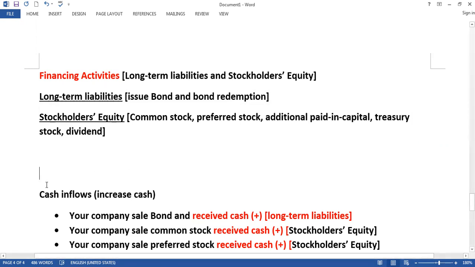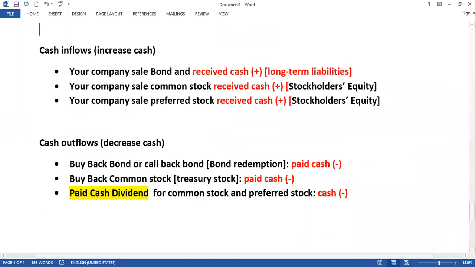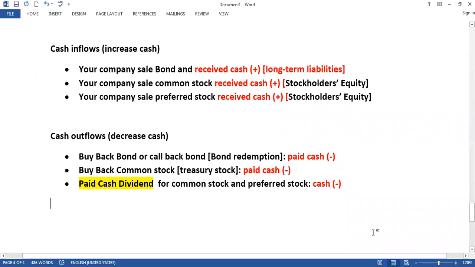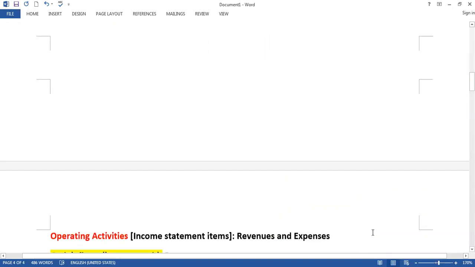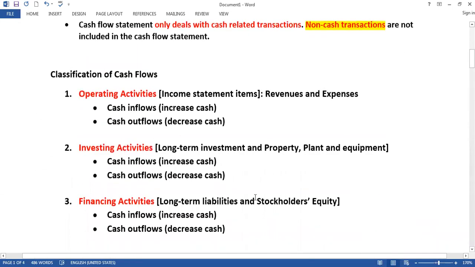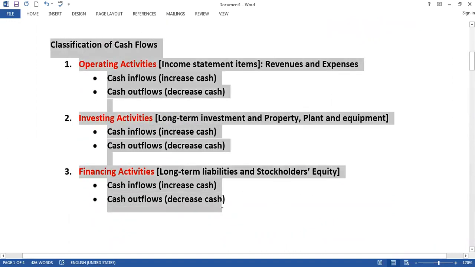So some transactions increase your cash, some transactions decrease your cash. You have to be very careful, because I told you that when we solve the question, we have to classify our cash flow statement into these three groups, right? Different activities have different examples. You cannot write operating activities under financing activities, or financing activities under investing activities.